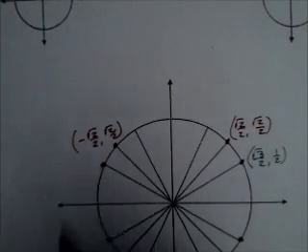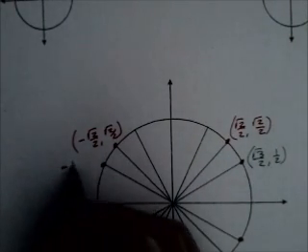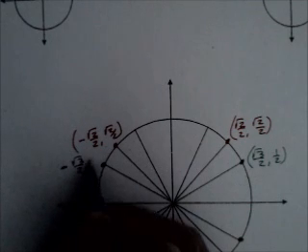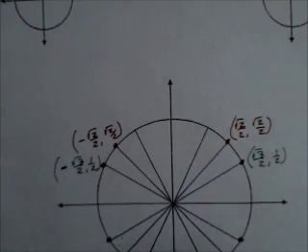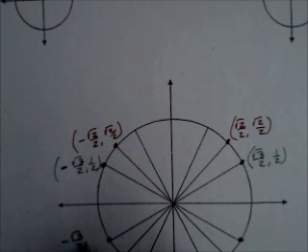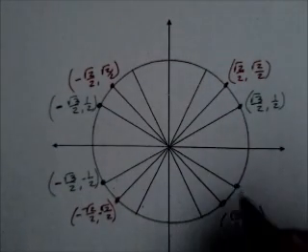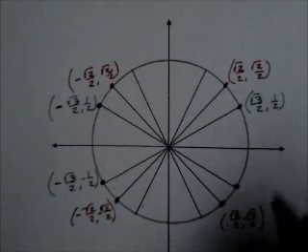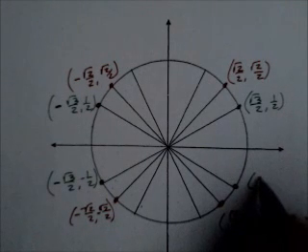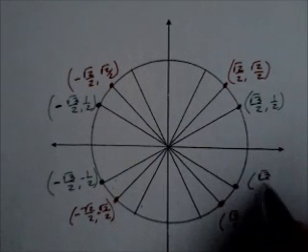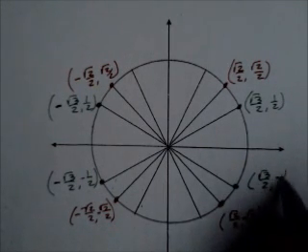In quadrant 2, negative square root of 3 over 2, comma, 1/2. Quadrant 3, both negative. And quadrant 4, positive square root of 3 over 2, comma, negative 1/2.